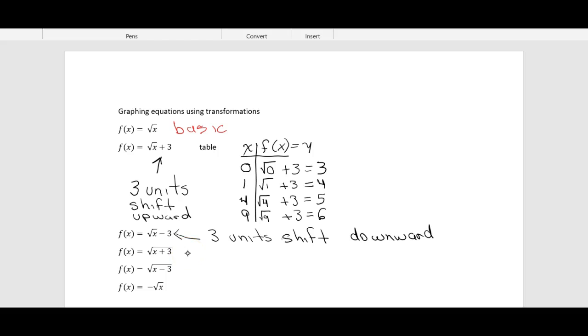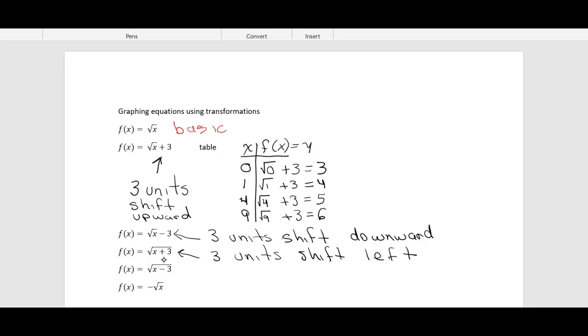And when the square root had a shift inside the radical, this one implied that if it was a plus 3, we're going to have 3 units shift to the left. Actually, it takes the opposite sign.